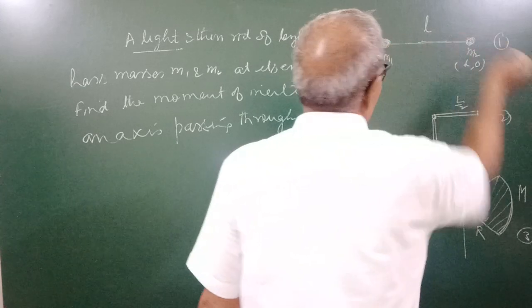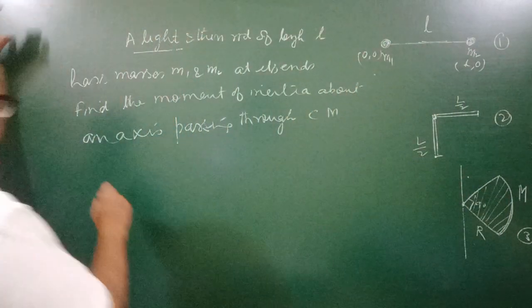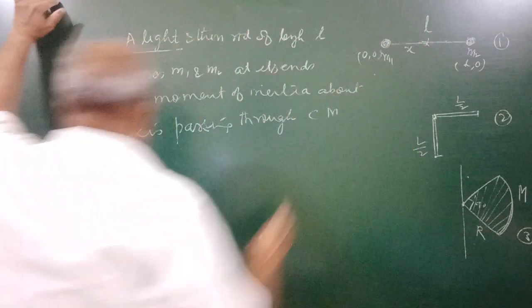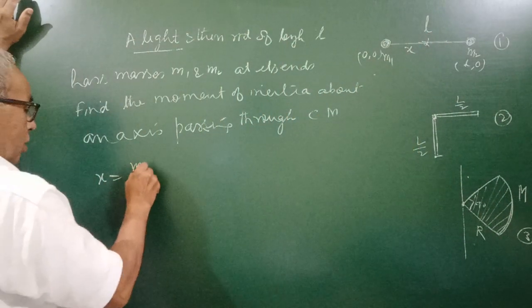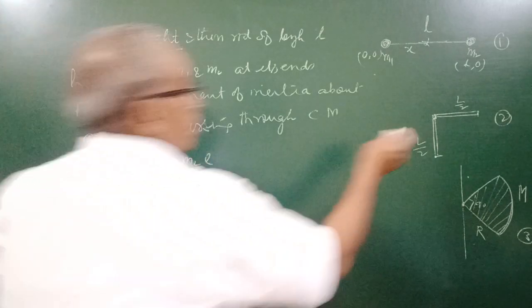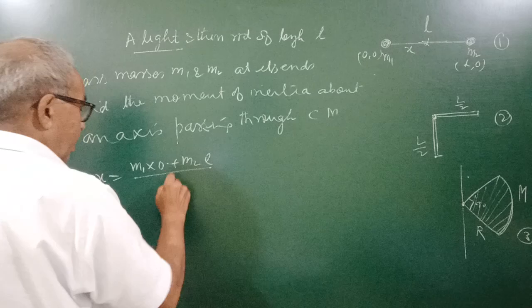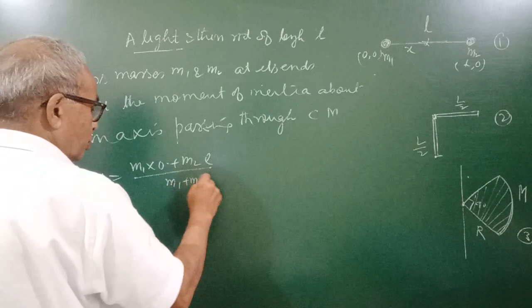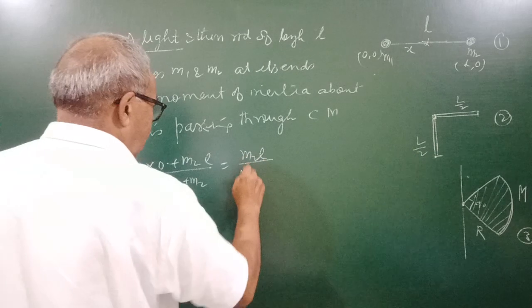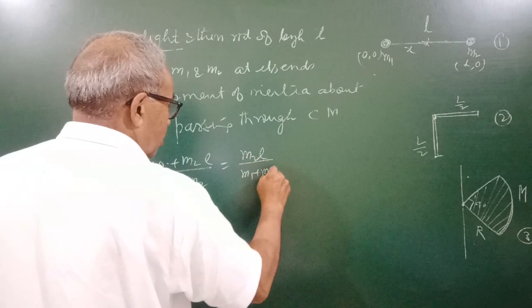So y is 0 anyway, only x is to be found. Let this point be at x from here, so x will be m1 into 0 plus m2 into L upon m1 plus m2. That is, x equals m2L upon m1 plus m2.